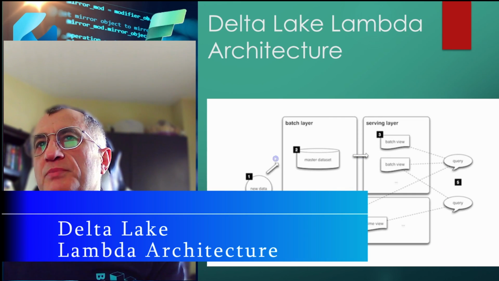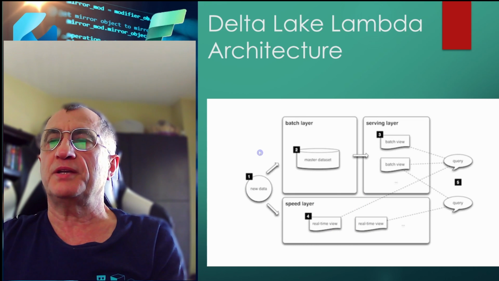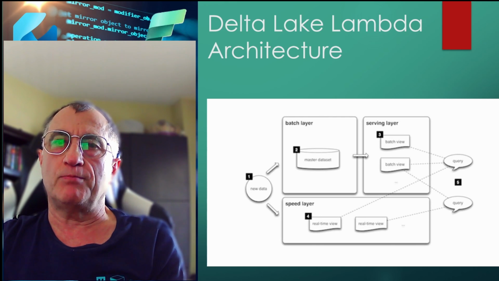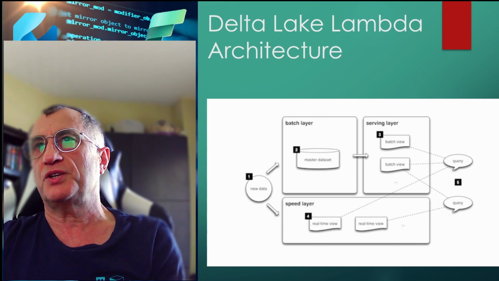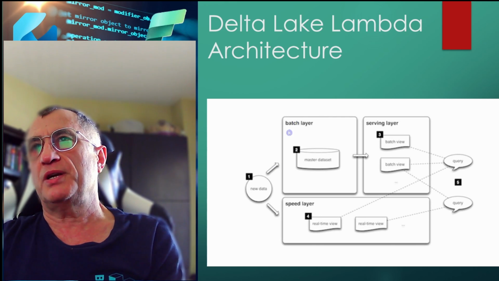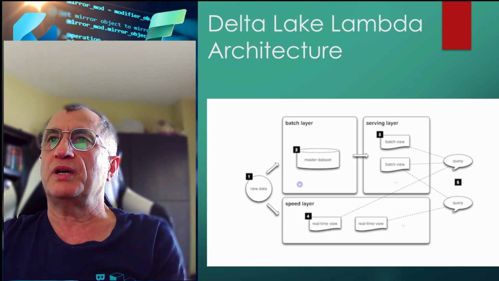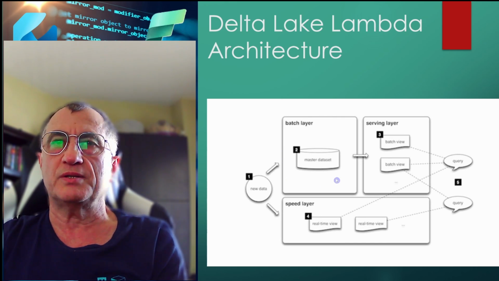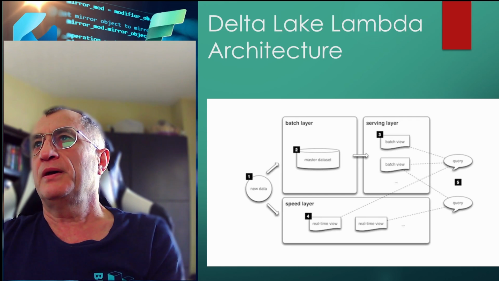Let's talk about Lambda architecture on Delta Lake. This is a diagram that I borrowed from Databricks websites. Here we see three main components of modern data warehousing architecture. That's the batch layer, which would contain your batch pipelines running on a certain frequency, whether it's daily or hourly.